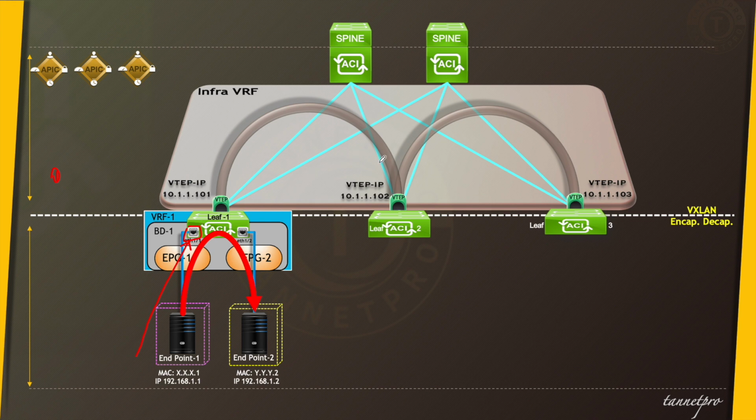If any endpoint is learned via the link from the spine or from the other leaf links, it will not be treated as a local endpoint. So whenever any traffic hits the front panel of any leaf switch, that will be treated as a local endpoint. So how does it get learned: a host connected to a leaf switch forwards a packet with a MAC address, that's stored in a table, then that endpoint is treated as a local endpoint. This is how it learns the endpoints.